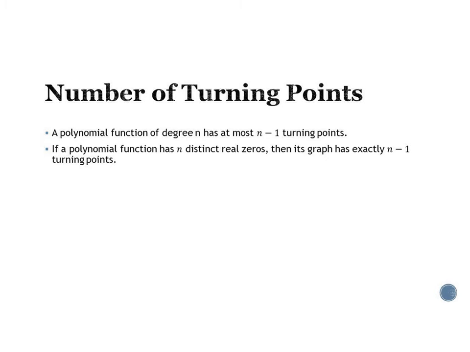If a polynomial function has n distinct real zeros, then it has to have n minus 1 turning points. So for you to have 3 real zeros, you had to turn twice. It says distinct because we're going to get into talking about what would be called the double root.